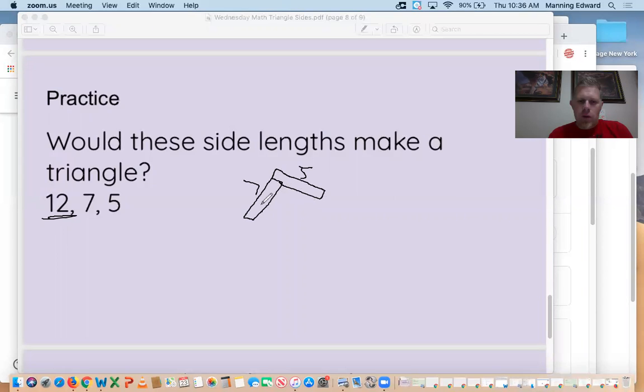You would not be able to get a strip of paper that would connect it to a perfect triangle that is bigger than 12. It has to be less than 12, no matter what.